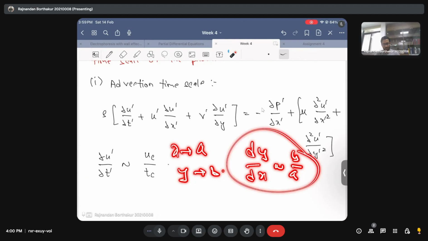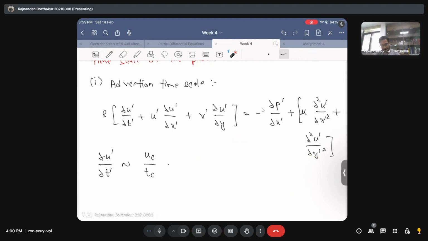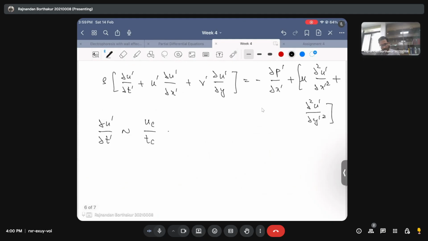That's what I have used here. Okay, and then I can write the scale for this particular term, u prime del u prime by del x prime, to scale as Uc squared by Lc. Okay, I hope this is clear.